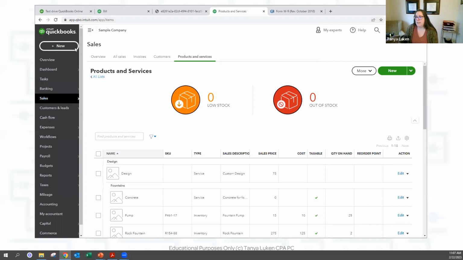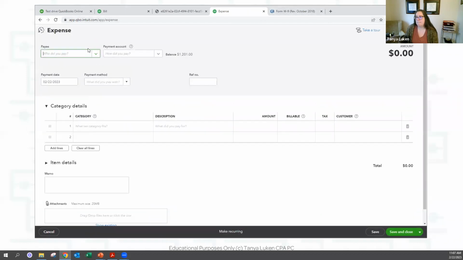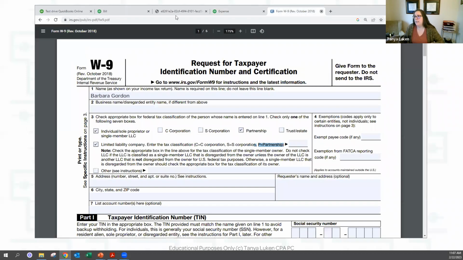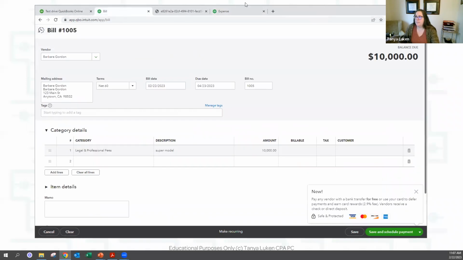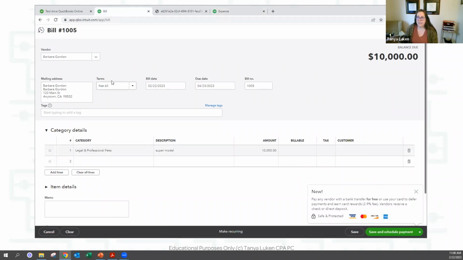So I'm going to open in this tab an expense. On the expense, there's a payment date, but there's no due date and there's no bill date and there's no payment terms. Okay, do you see that difference?